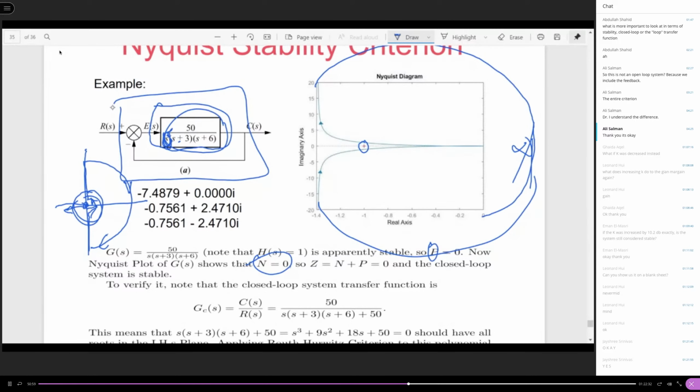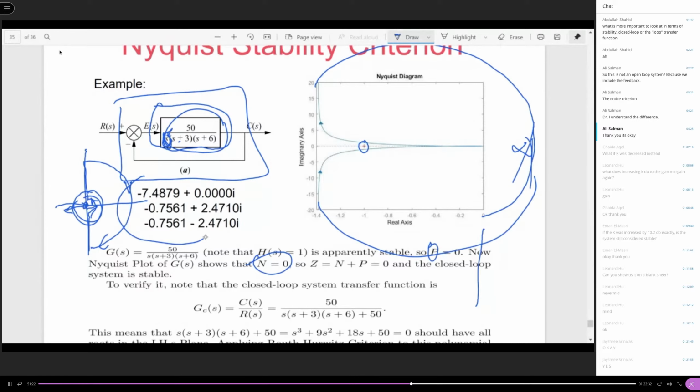You don't even need to solve it, and you can say, oh yes, the closed loop system is stable, okay? You get the point, right? And actually, you can calculate it as well.